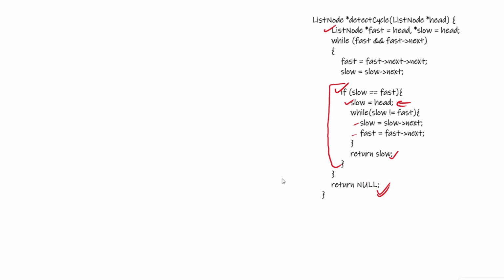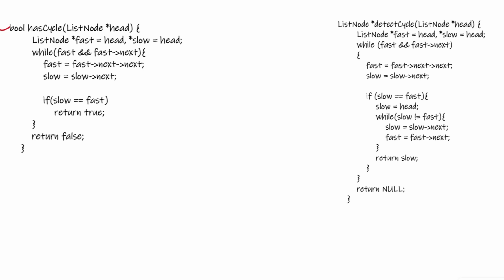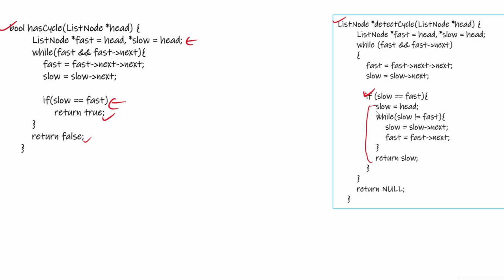Now let's see both solutions and analyze the problems. In the first problem, we just have to detect the cycle. So how are we detecting? We initialize our slow and fast pointers, and if they are equal, we return true; otherwise we return false. In this problem, if they are equal, then we start again from the start of the list and from the point where both of them met, and move one step at a time.